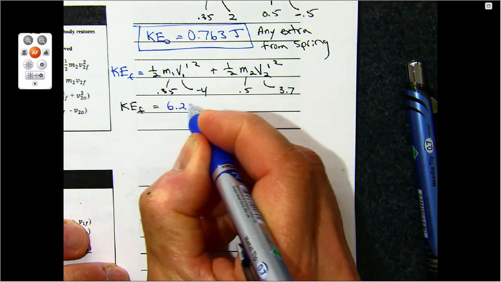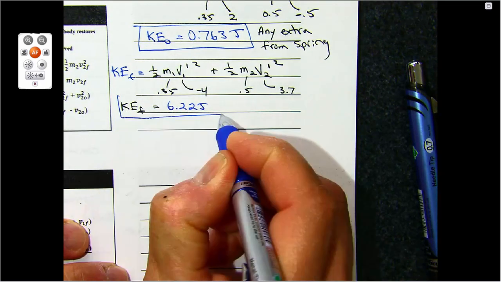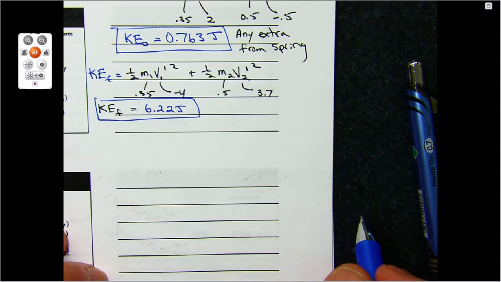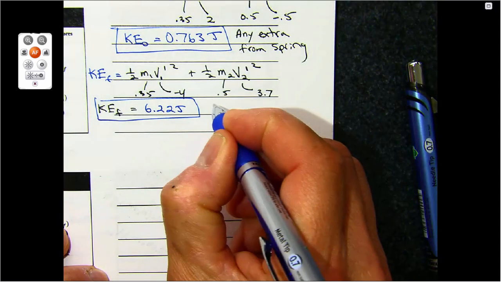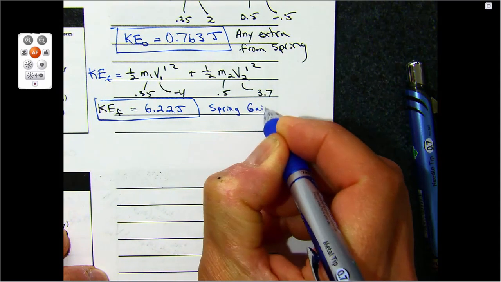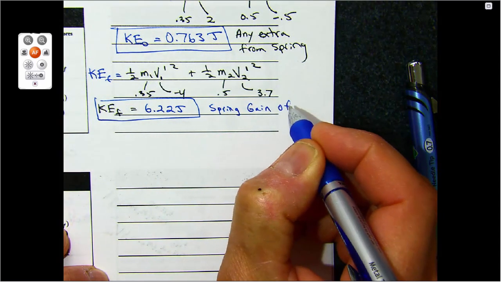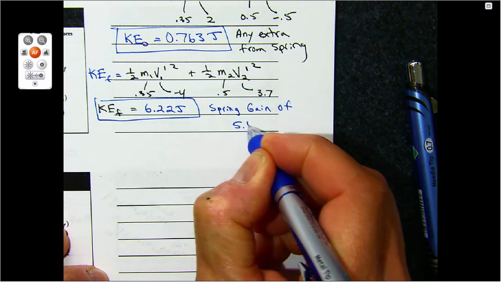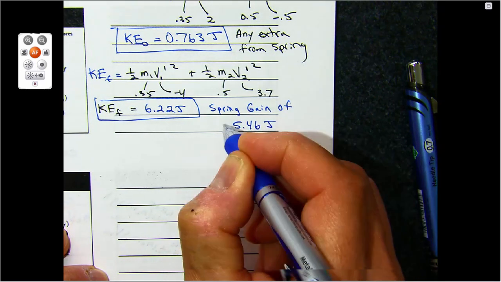You should get 6.22 joules. So the spring gained 5.46 joules.